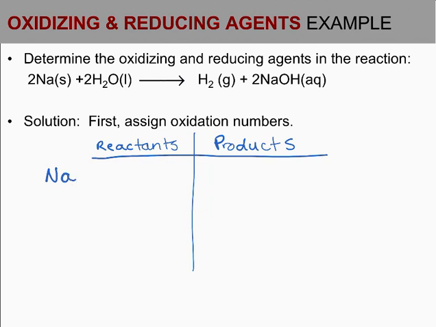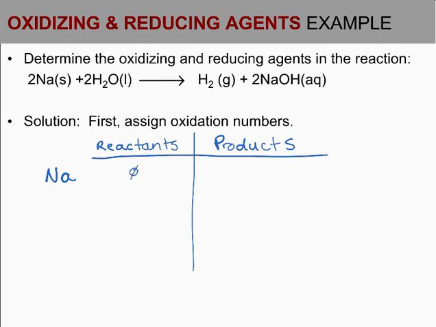So let's start with sodium. In the reactants, sodium is reacting with water, and then in the products, we're producing hydrogen gas and sodium hydroxide. Sodium is starting out in the reactants as a pure solid. It's just by itself, so we would assign that a value of 0.